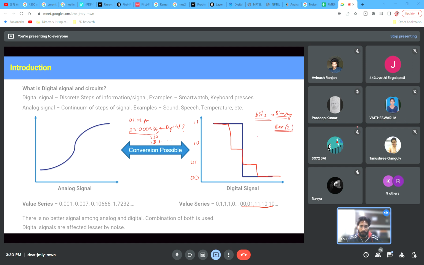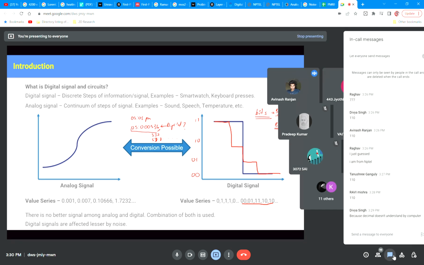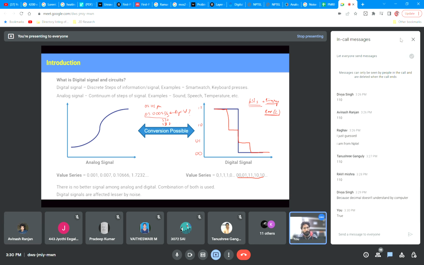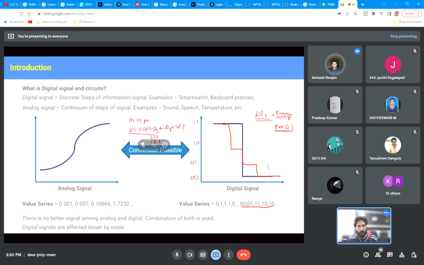So do you guys know 8085? Are you aware of the 8085 processor? Has anyone worked with 8085? I hope you would have known something about this processor.